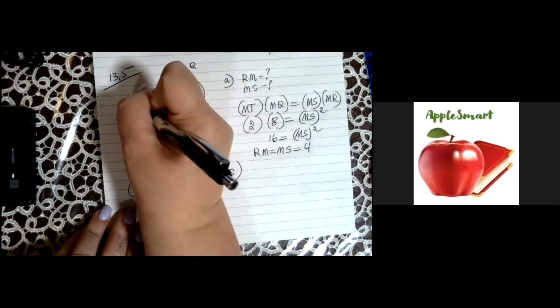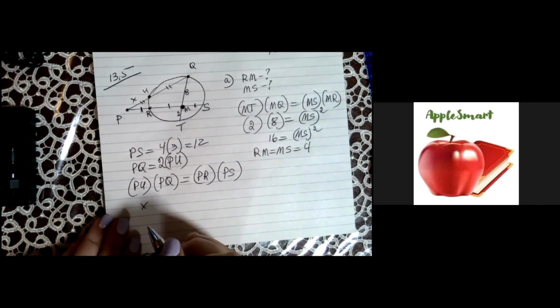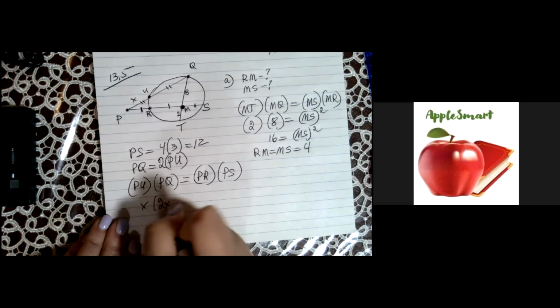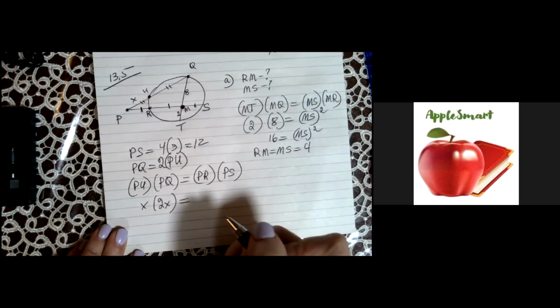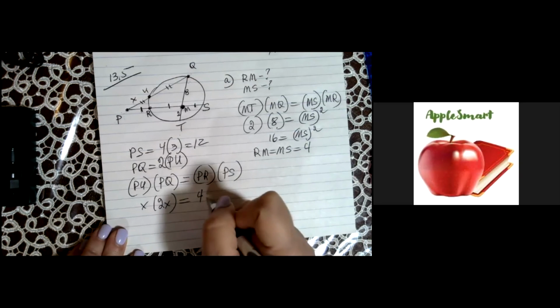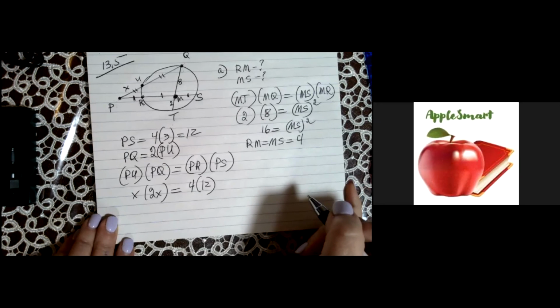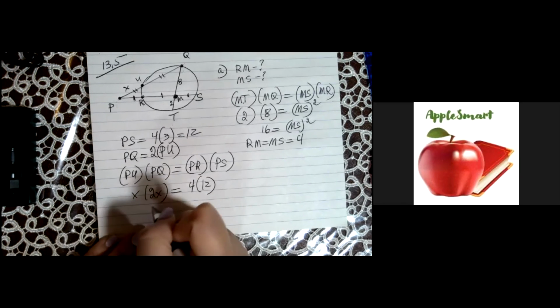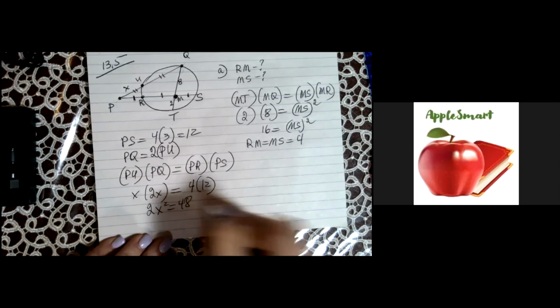PU, if I call it X just to make it simpler, then PU will be X, PQ will be 2X, right? Because it equals 2 of PU. So that will be the same as PR, which is 4, times PS, which is 12. Do I understand that? Now we're getting X times 2X will make it 2X squared equals 4 times 12, which is 48. So far, so good.